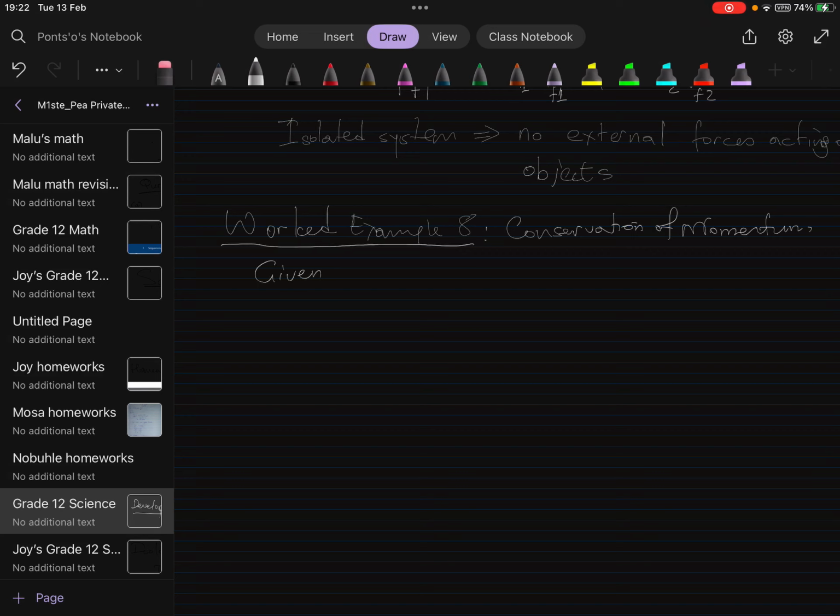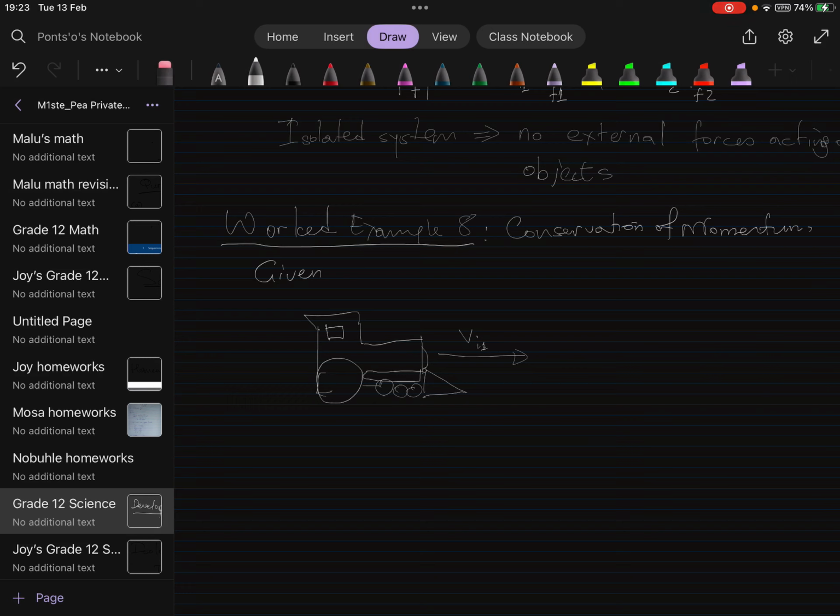And the given details are that we have a toy train, choo-choo train, and it's traveling, let's say it's traveling eastward, so to the right.